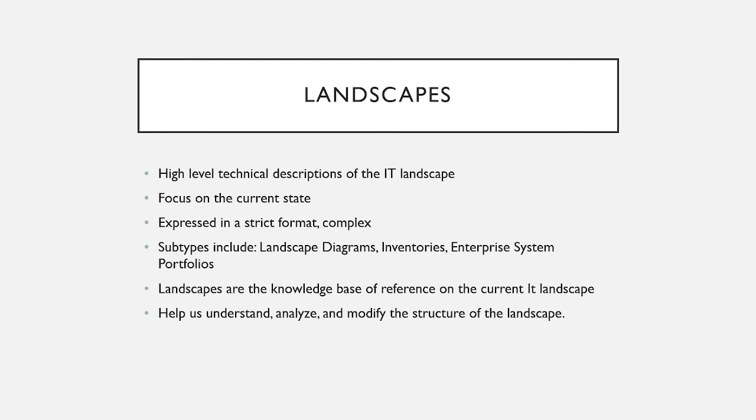Landscape diagrams being technical box and arrow schemes of different scopes and granularities describing the IT landscape. And enterprise system portfolios being structured high-level mappings of all essential IT systems to relevant business capabilities. Landscapes are the knowledge base of reference on the current IT landscape and help us understand, analyze, and modify the structure of our business landscape.